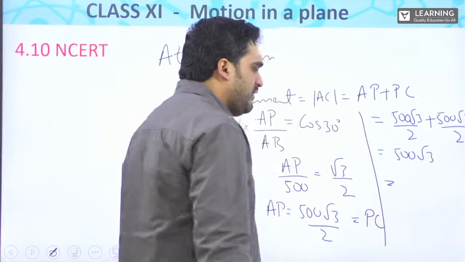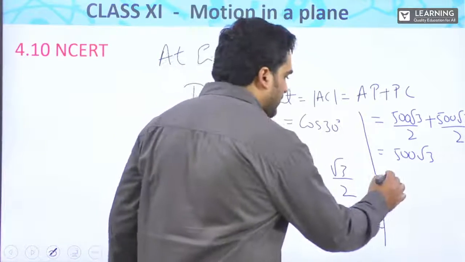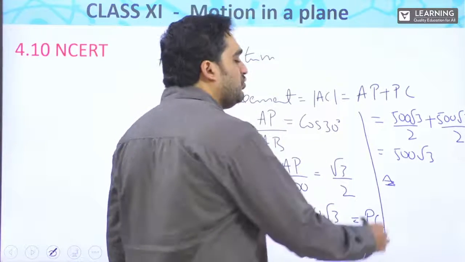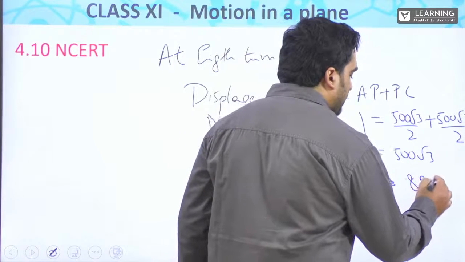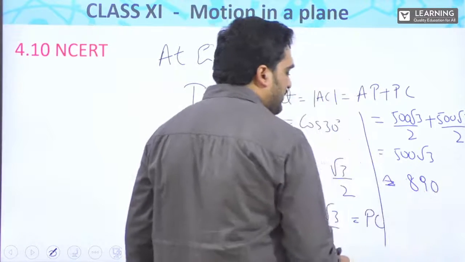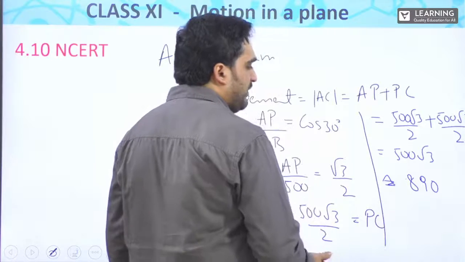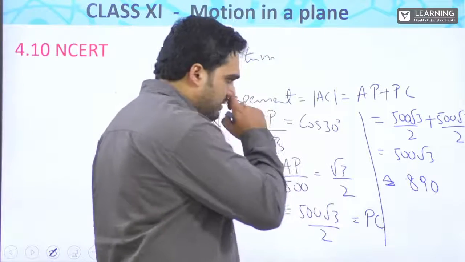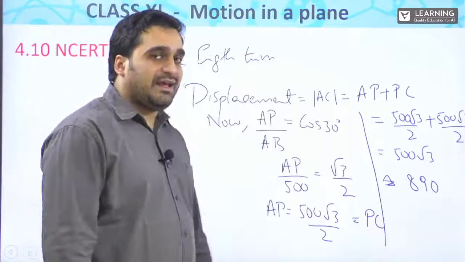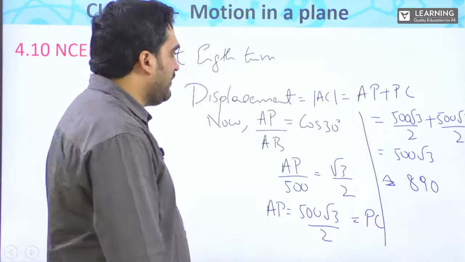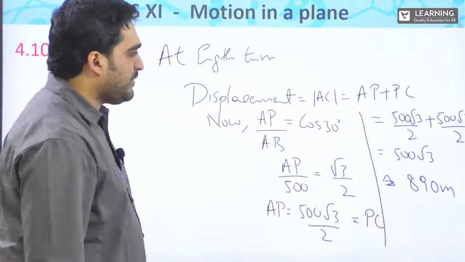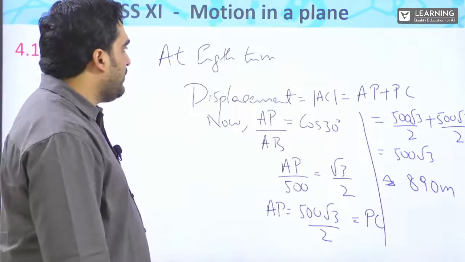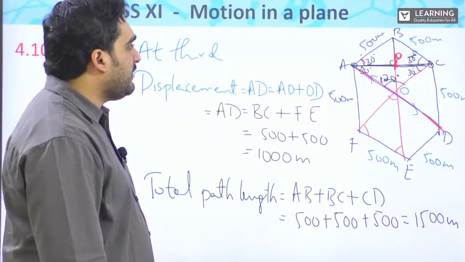And 500 root 3 I believe is approximated to 890 or 900. So have a look at it, it must be about 890 or 899. All right, so that would be the length of AC. This is how you determine it when it comes to the eighth turn.